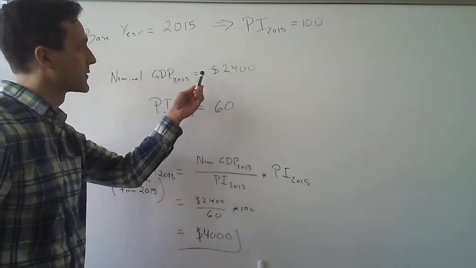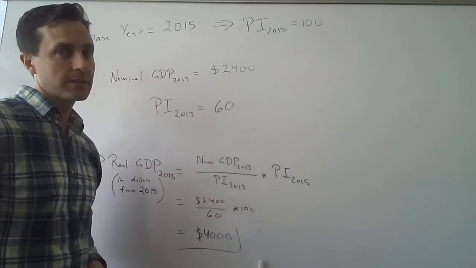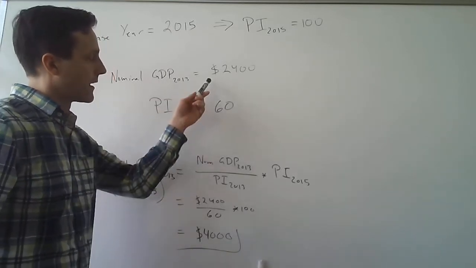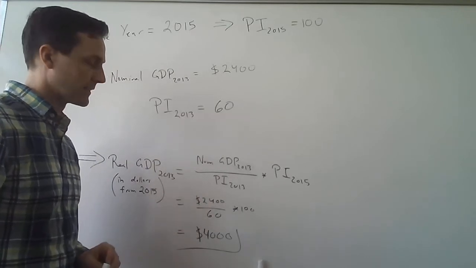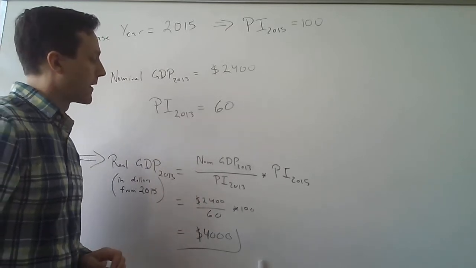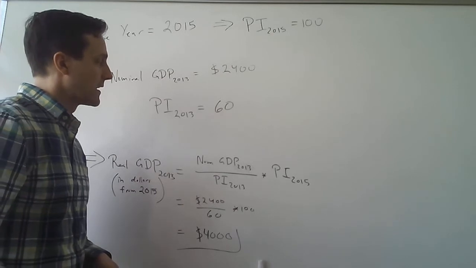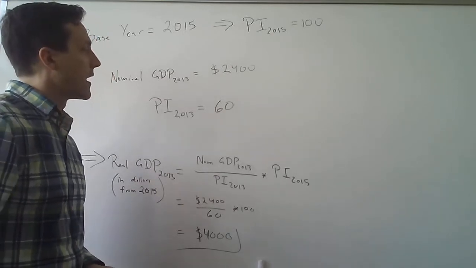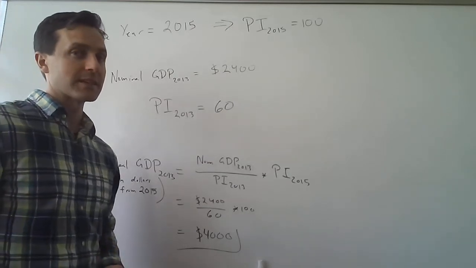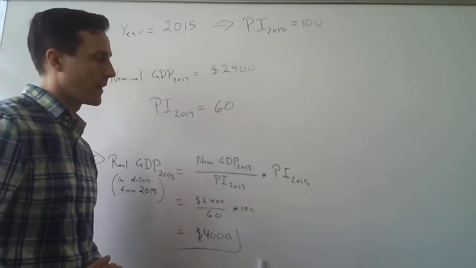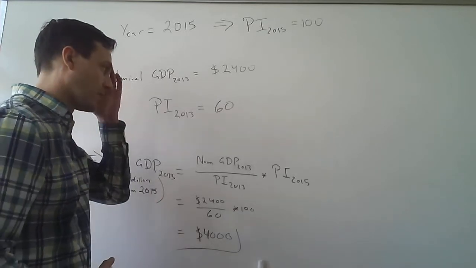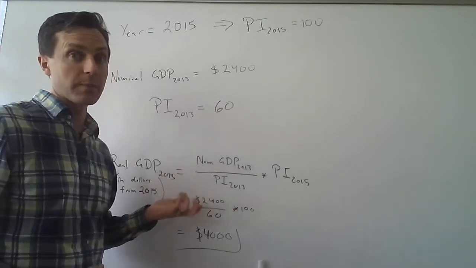So notice the contrast between the nominal GDP in 2013 and the real GDP for 2013. You can see that the real GDP is higher, and the reason for that is because the dollars in 2015 are not worth quite as much as the dollars from 2013, since there has been quite a bit of inflation, right?